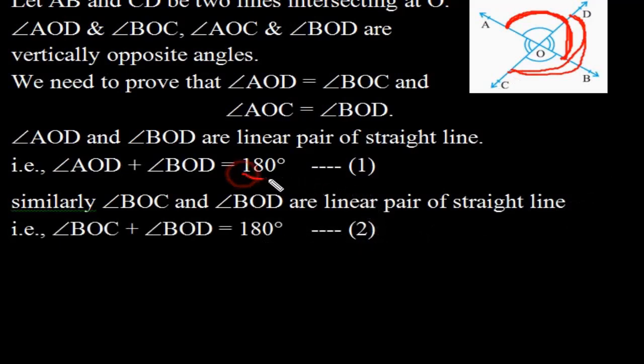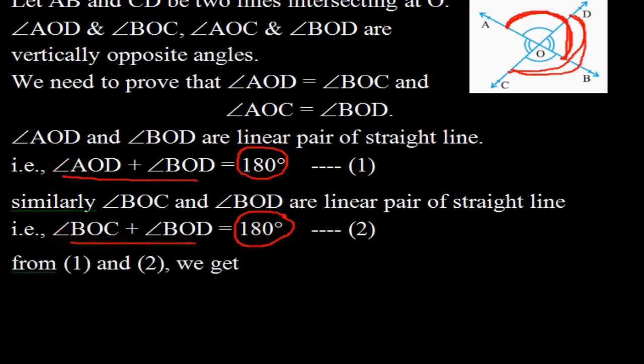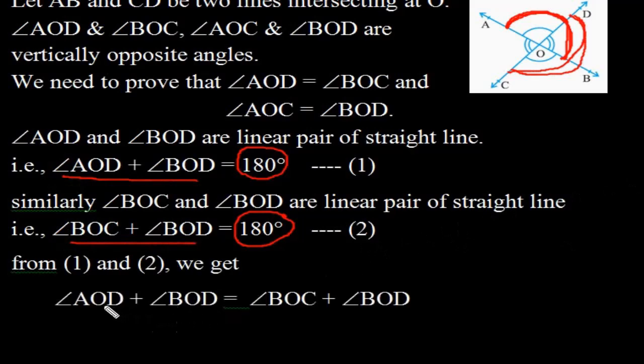Now the right-hand sides of these two are equal. The right-hand side of equation 1 is 180 degrees and the right-hand side of equation 2 is also 180 degrees, so they are equal. That means we can equate the left-hand sides. When we do that, we get angle AOD plus angle BOD from equation 1, and angle BOC plus angle BOD from the second equation.